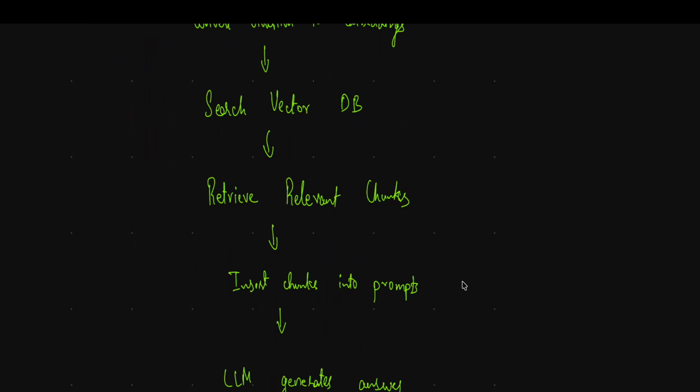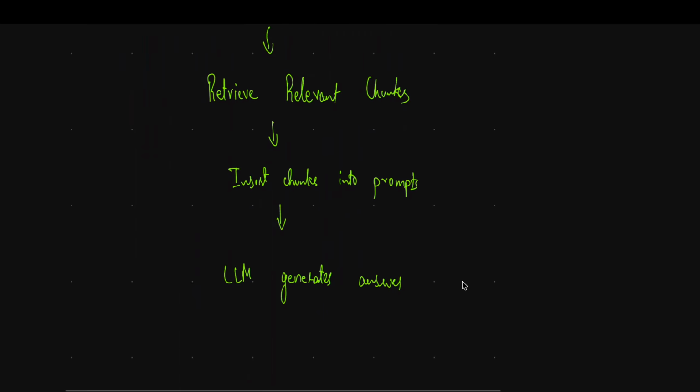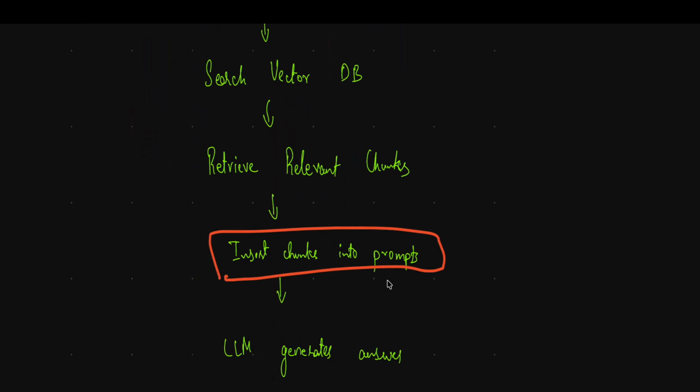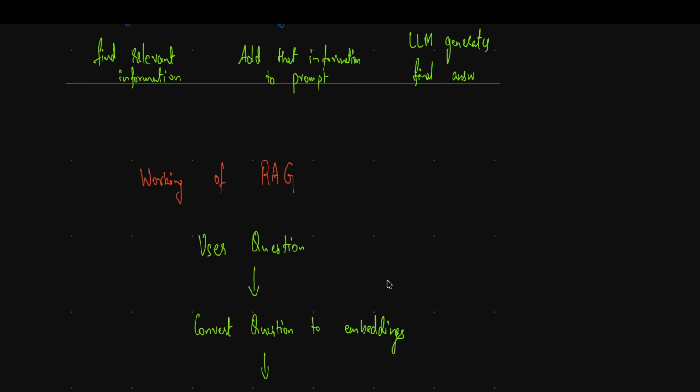So we are passing those chunks in the prompt, and then the LLM gives you an answer. So that is how RAG came into existence, and how RAG works.